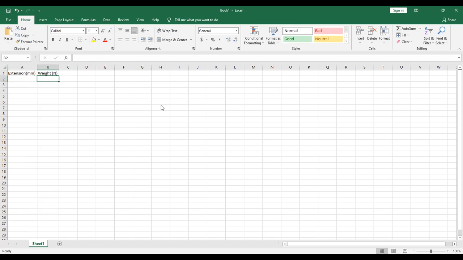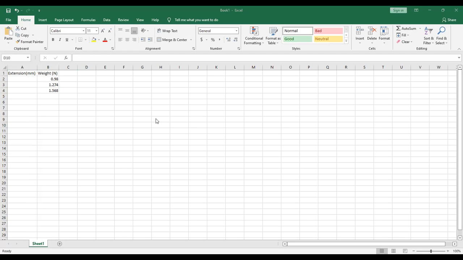No, that is the Newton value. You have to use 0.98, and the next value is 1.274, and then 1.568. What about extension?